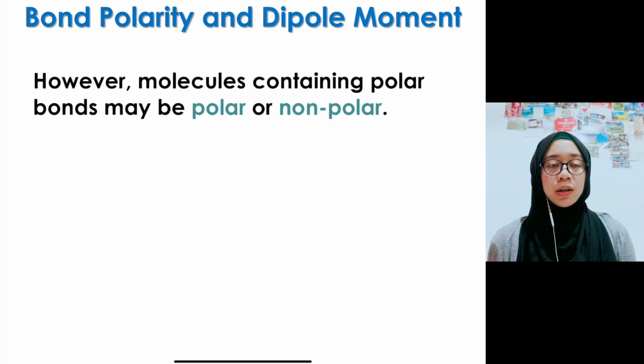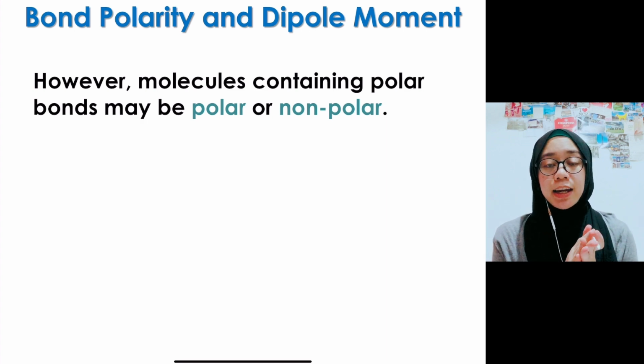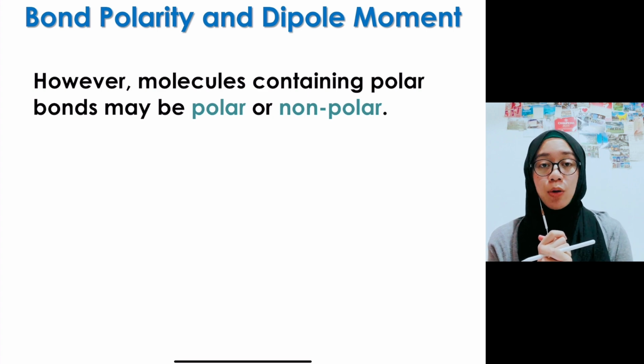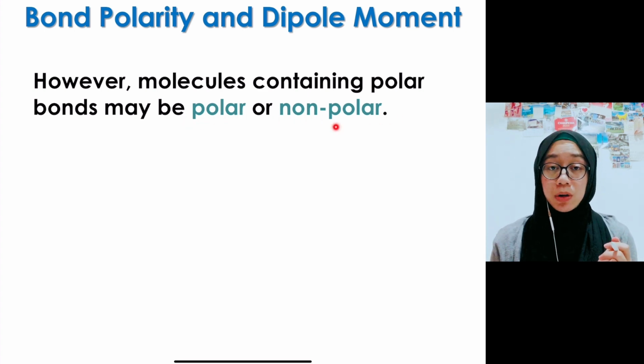So we have learned polar bonds and non-polar bonds. Okay, but bear in mind that a molecule that contains a polar bond has two possibilities. It might be a polar molecule or it might be a non-polar molecule.